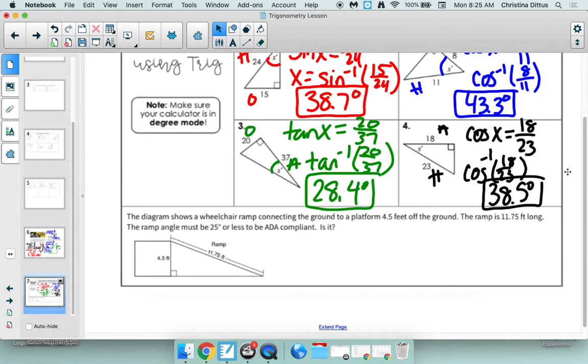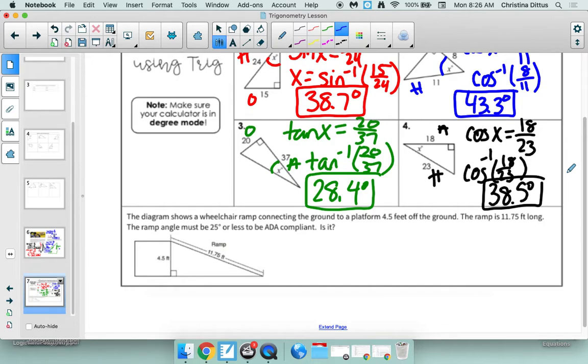Alright, only one word problem over angles. It says we have a wheelchair ramp connecting the ground to a platform 4.5 feet off the ground. It is already labeled for us. This is 4.5 feet. The ramp is 11.75 feet. The ramp angle must be 25 degrees or less to be ADA compliant. Is it?